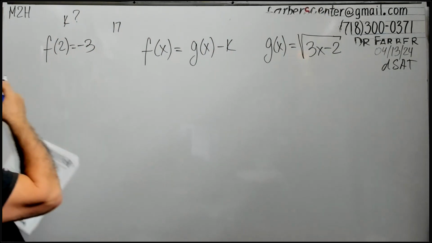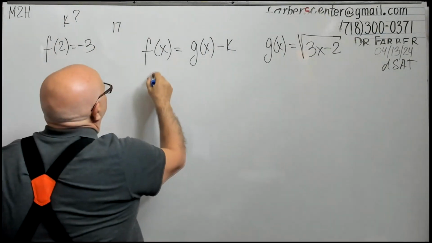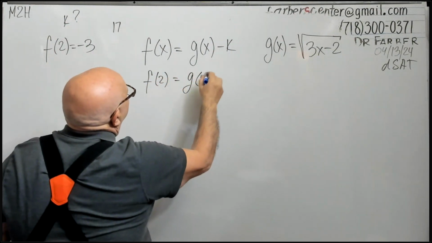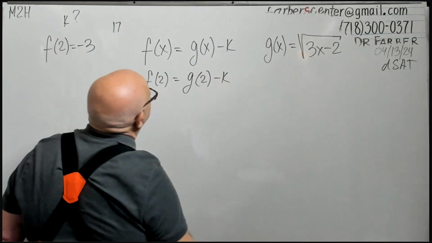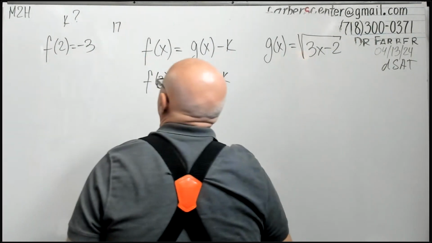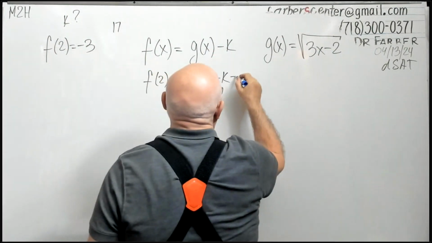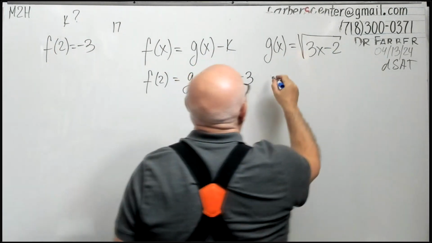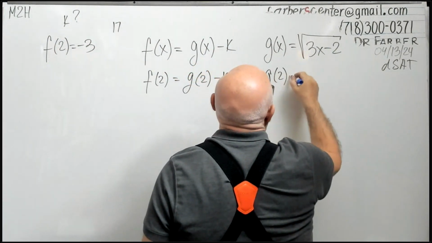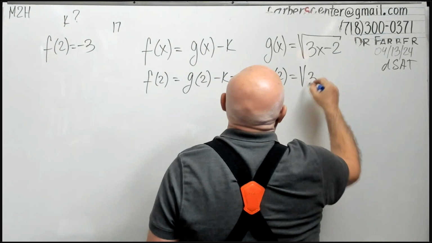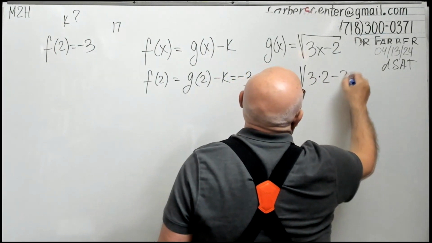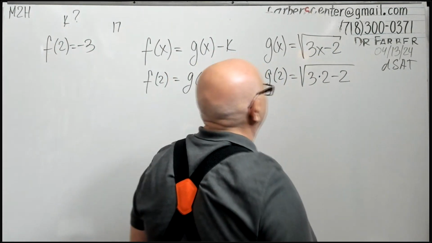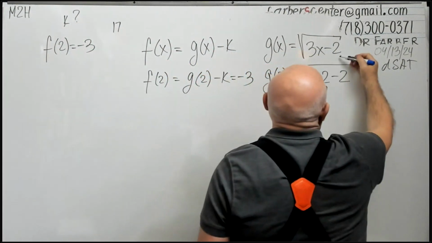How to find f of 2? Well, f of 2 equals g of 2 minus k, and this equals negative 3. G of 2 equals the square root of 3 times 2 minus 2, which is 6 minus 2, 4. The square root of 4 is 2.